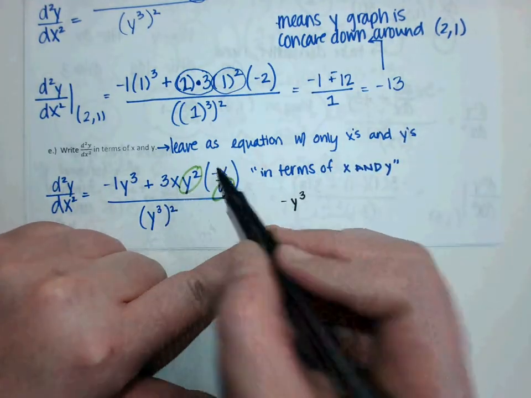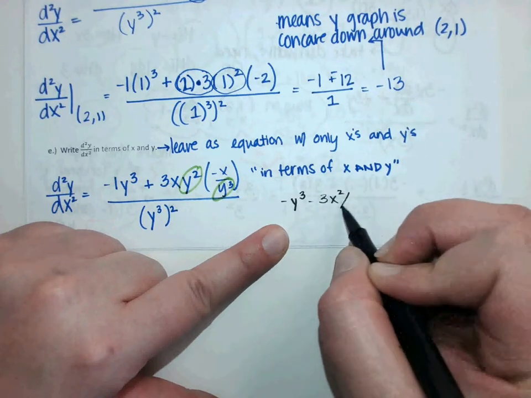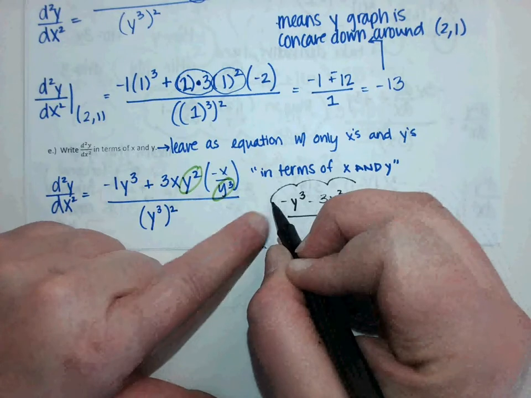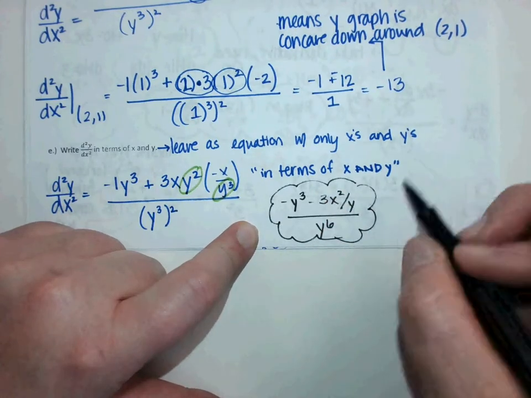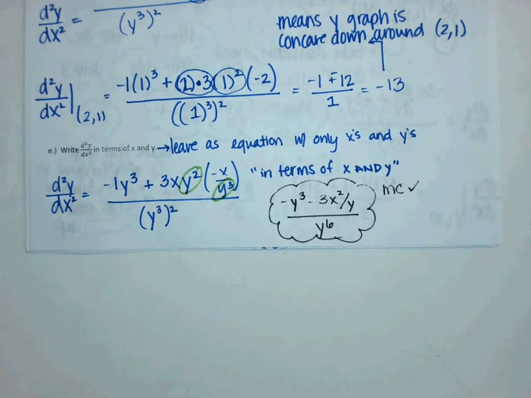Okay, 3 times negative x times x is negative 3x squared, but then only one y on the bottom, and then a y to the 6th. So if it was multiple choice, they would almost for sure do that. They'd see these x's together, make it an x squared, and then they'd see those y's together, and just leave one y on the bottom instead of in both places.